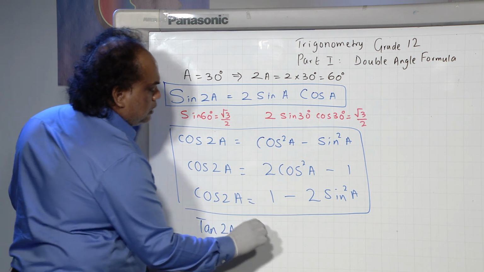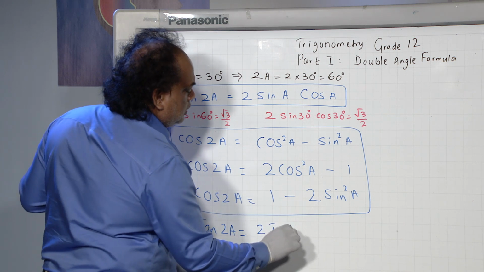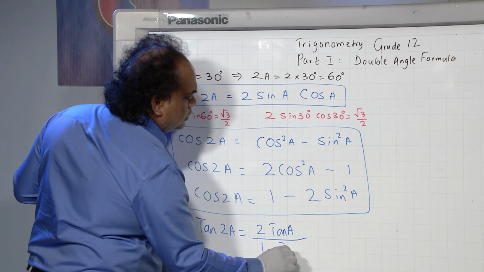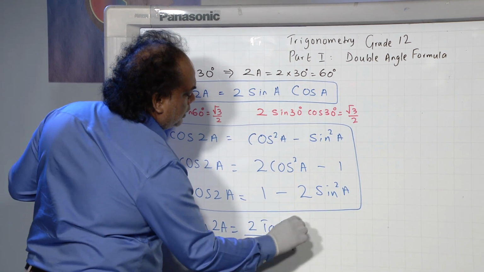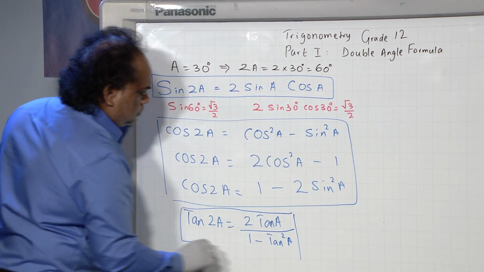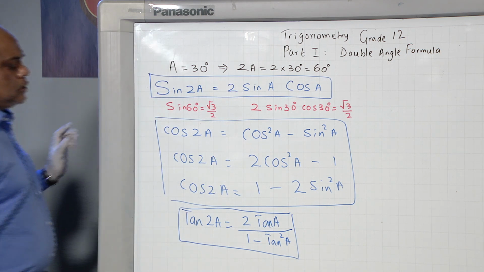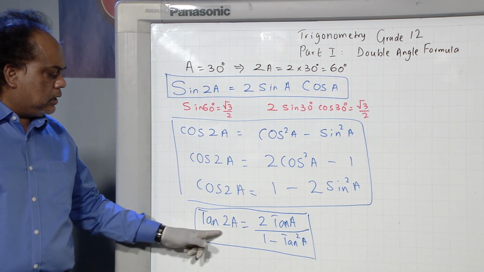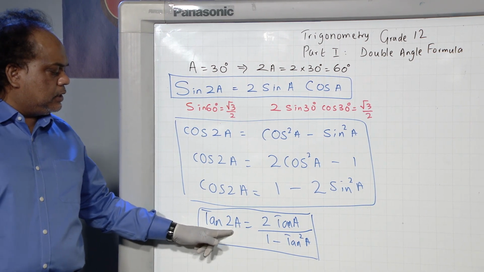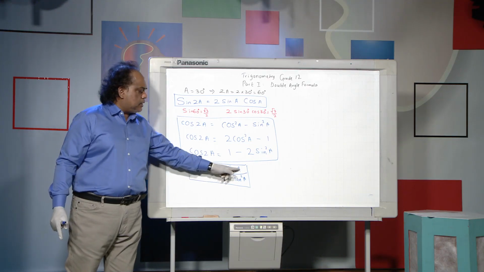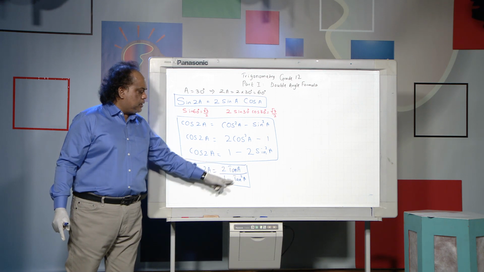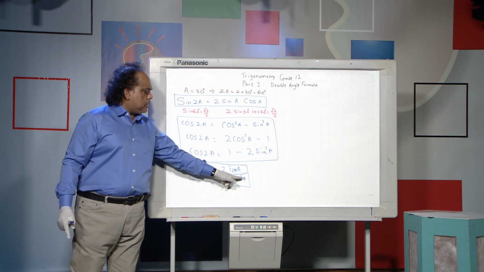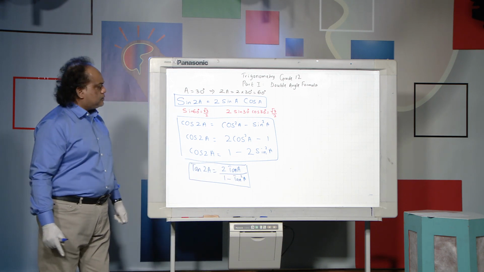Tan 2A is 2 tan A over 1 minus tan squared A. So, what does this mean? Tan of 60 degrees is equal to 2 times tan of 30 degrees divided by 1 minus tan of 30 degrees squared.